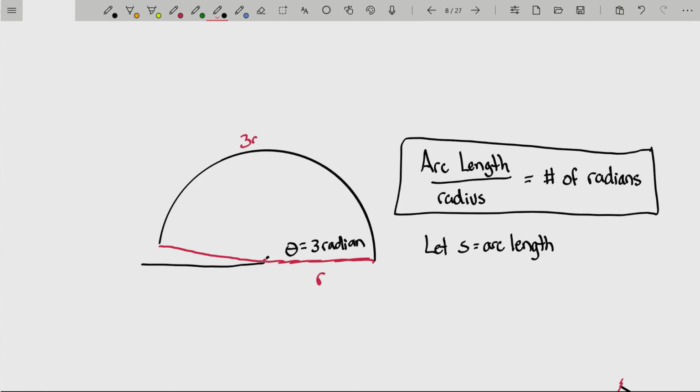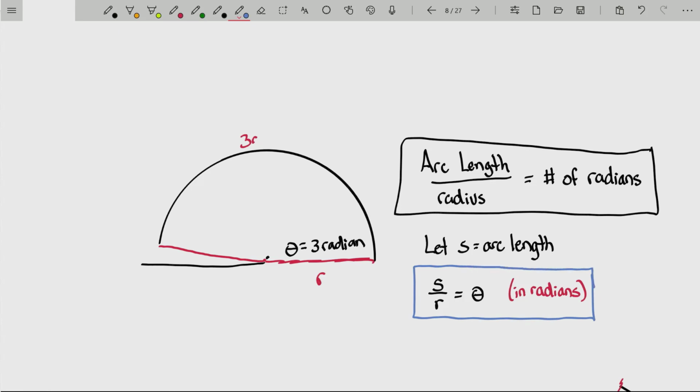And we get the following. S over R is equal to theta, where theta must be in radians. It's not in degrees, it's in radians. So anyhow, that's not the purview of this lecture, but I just wanted to start kind of getting that into your brain.